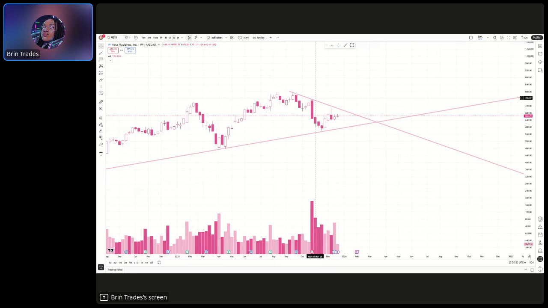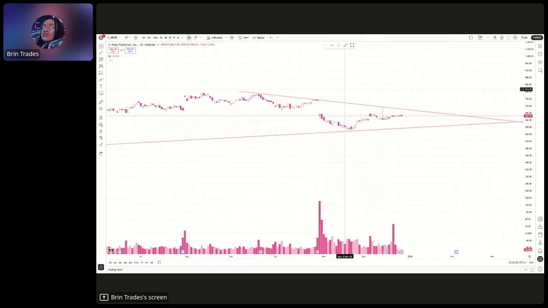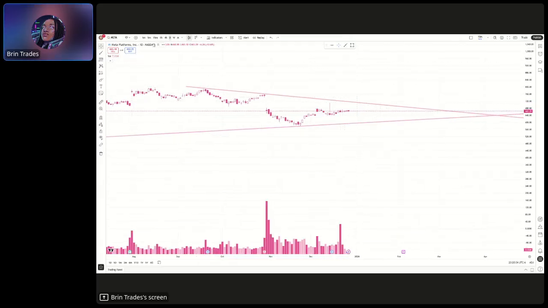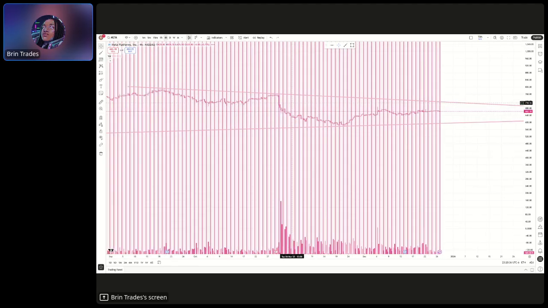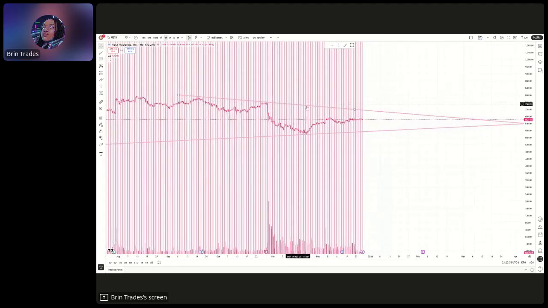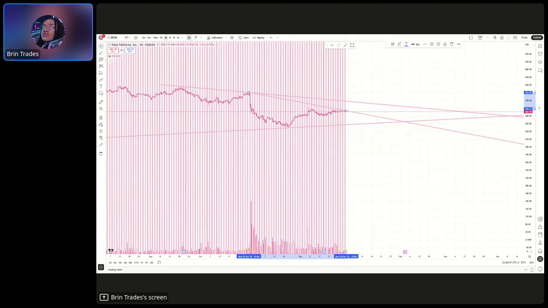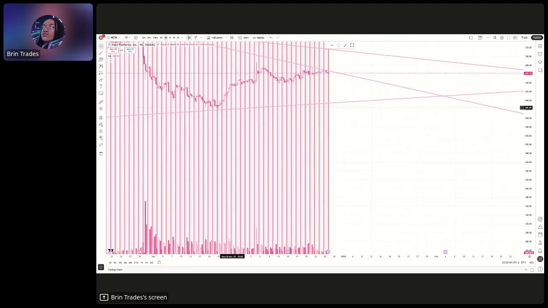Let's go down to the daily. Adjust accordingly. And let's move on to the 4 hour. Can definitely adjust from here, this point to this point.